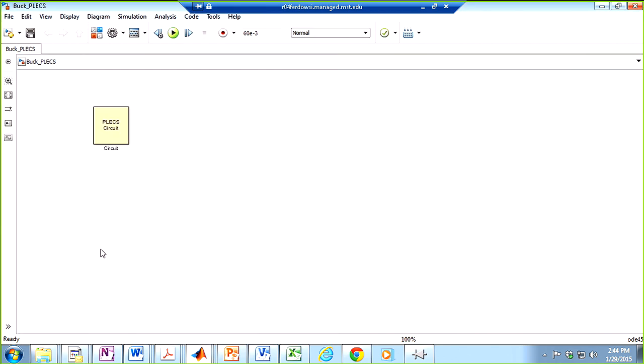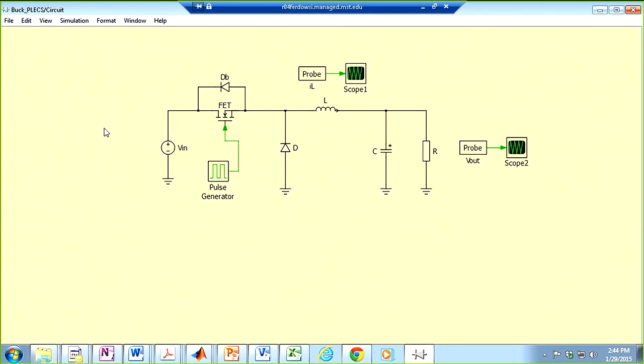So this is my Simulink environment, and because everything is under Plex, all you see is just a box of a Plex circuit. However, you can actually import and export signals in and out of this thing. But let's say we put everything in Plex, and here is Plex. The background is yellow, and the graphic is a little bit nicer, and you can actually see your converter.